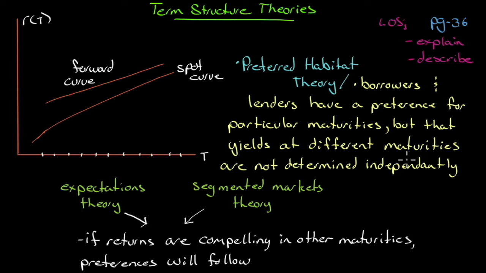So what they're saying here is that there are players in the market that prefer to trade at particular parts of the curve. But just because they prefer to trade at particular parts of the curve doesn't mean that rates are set independently along the curve. How is this so? Well, it combines the best of expectations theory and segmented markets theory together.